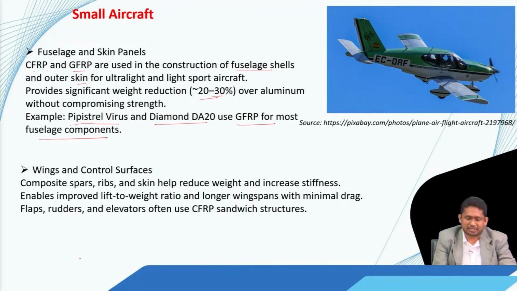If I look at wing and control surfaces, there are composite spars, ribs and skin. It helps in reducing weight and increasing stiffness, and it enables improved lift to weight ratio and longer wingspan with minimal drag. And there are flaps, rudders and elevators which often use CFRP sandwich structures.